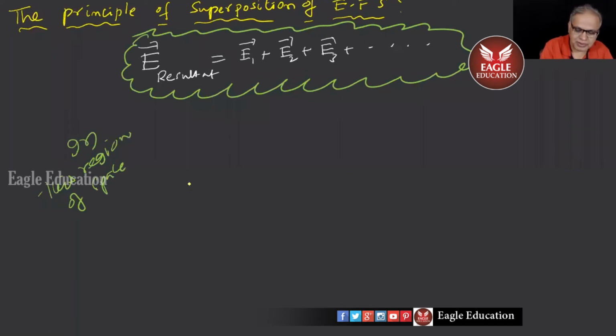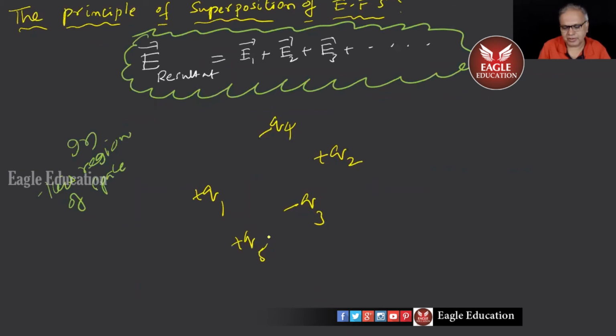For example, plus Q1, plus Q2, minus Q3, minus Q4, plus Q5, and whatnot, whatever you want. So each charge has its own field, right? Each charge has its own field.